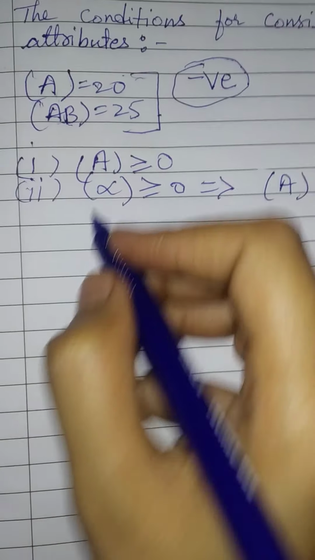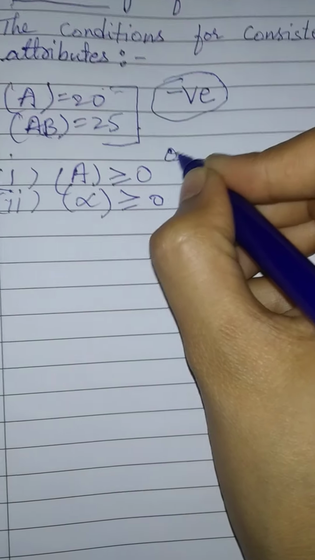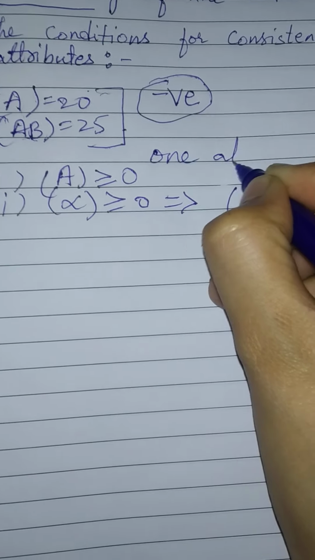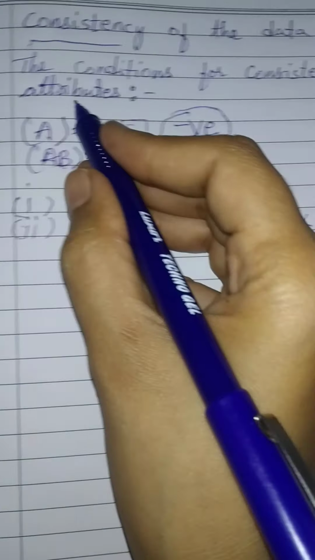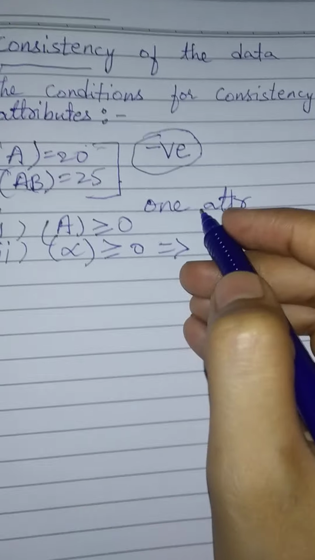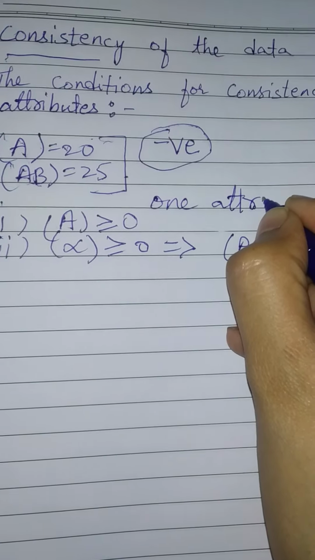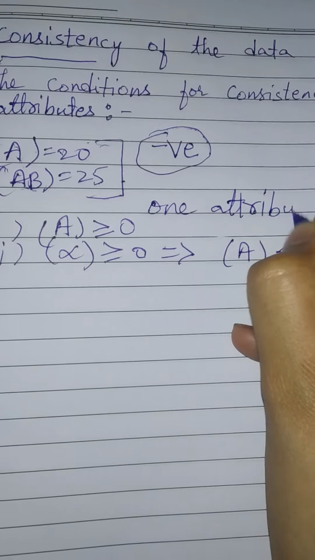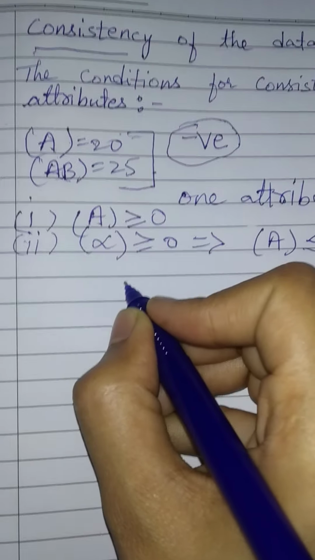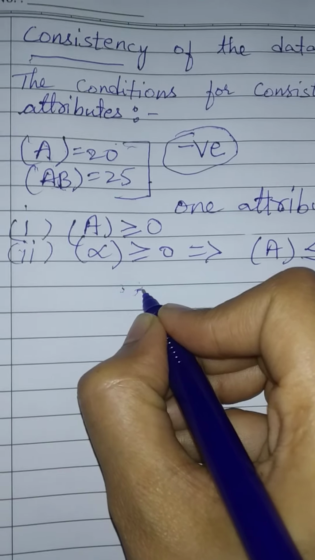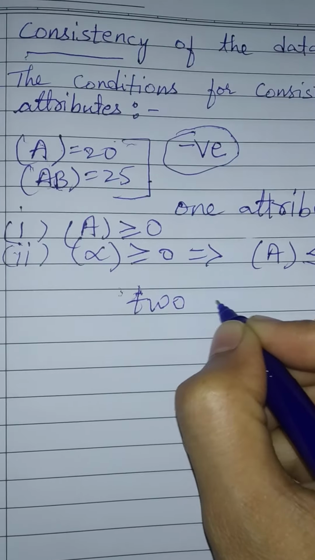Then another, this is for one attribute. We are going to do for three attributes as per the question. Another one I am going to show you for two attributes.